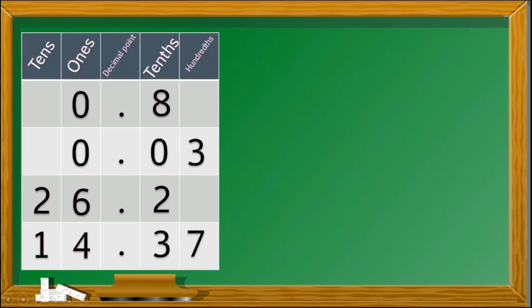Okay. I will give you some examples. So, ito. Paano ito susulat in words? 8/10. Bakit 8/10? Basahin na yung una, yung whole number. 8 yon. Saan siya napunta na place value? Tenths.